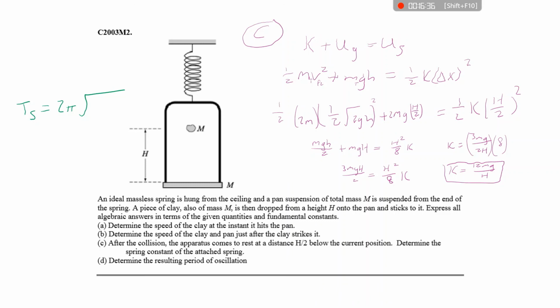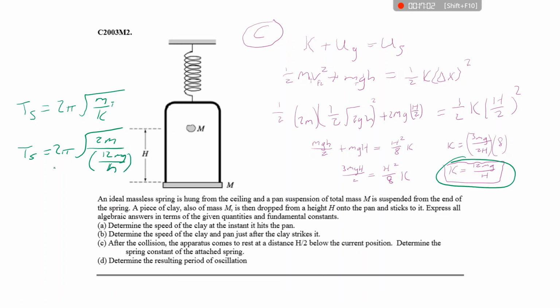My general form is 2 pi root m over k. But for us this is going to be 2 pi root 2m over k, because we've got 2m masses, then over our k, which is 12 mg over h.